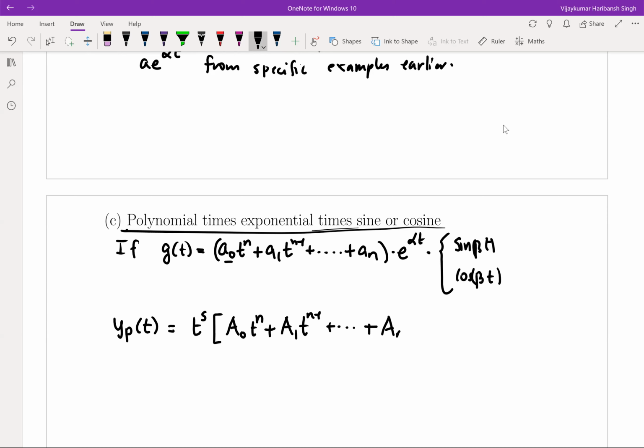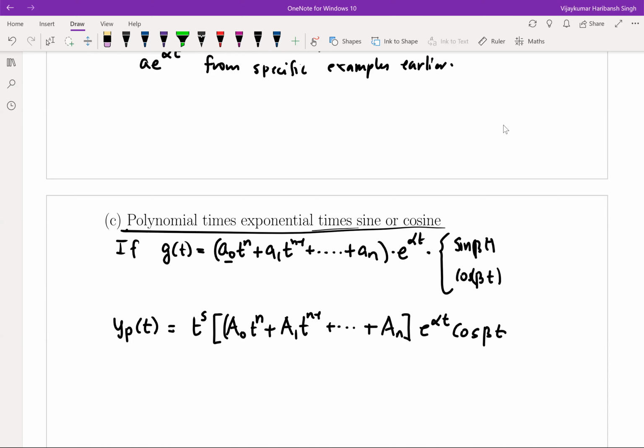An times e to the alpha t cosine, oh sorry, this is beta, beta t, plus, so this whole thing is in the bracket.